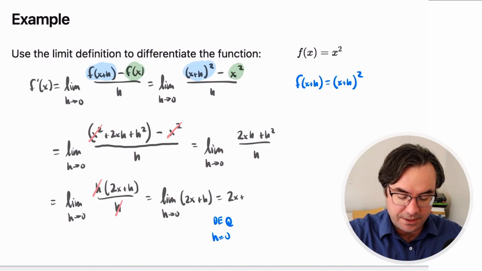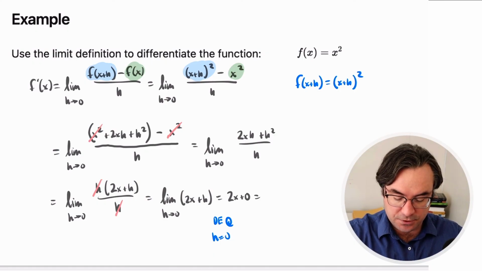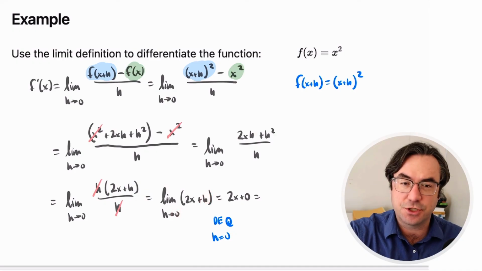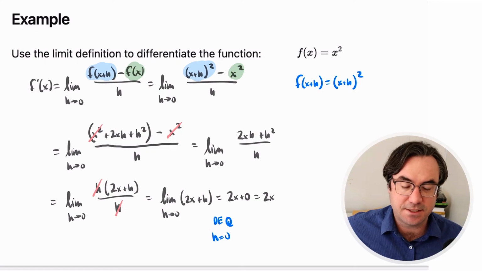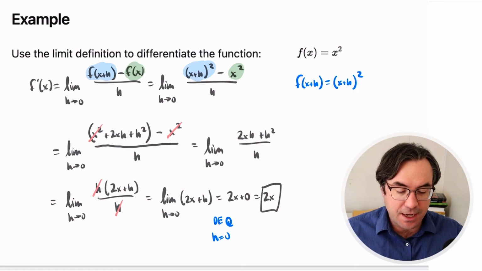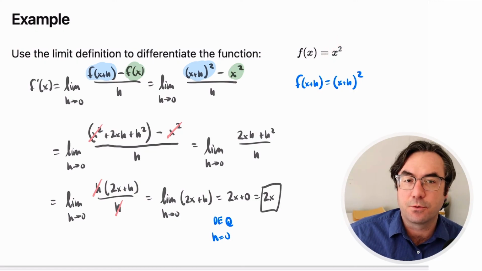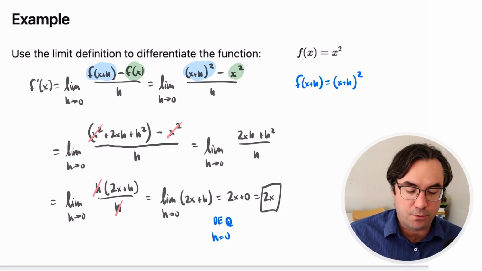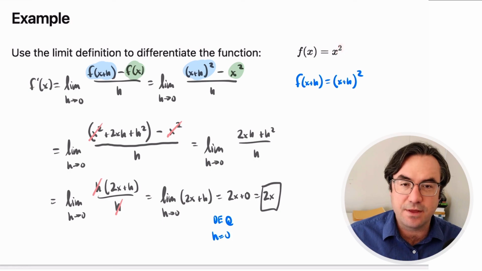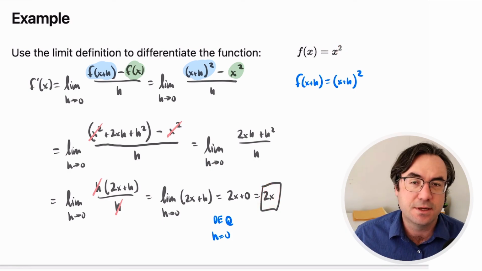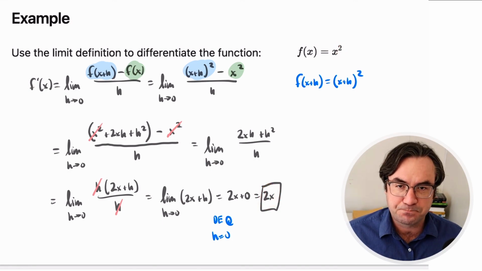So when we do that, we get 2x plus 0. So we're plugging 0 in for the h. And if we simplify, that gives us just 2x. And this kind of matches up with what we would expect from power rule. So we know from power rule, we take the 2, bring it down, put it in front, and then we subtract 1 in the exponent. So we end up with 2x raised to the power 1.